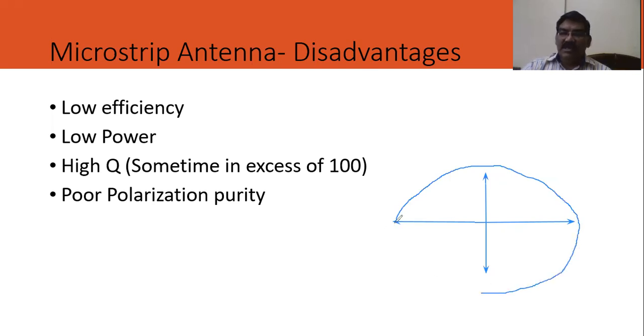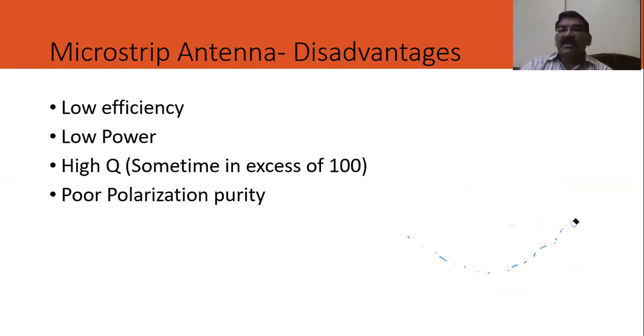Instead of a circle, this is simply an ellipse. It should be like this for a complete circle, but it is elliptical, like this. So it may not have proper circular polarization. Polarization purity may be the issue, but we can address these issues.